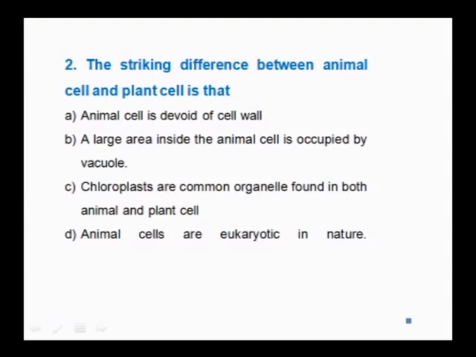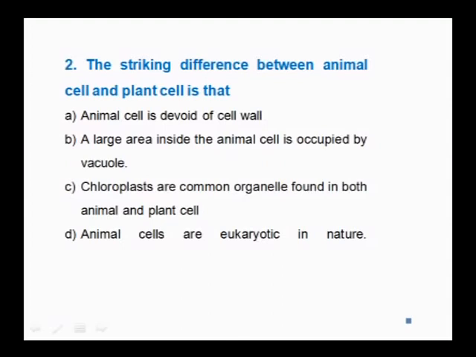So, the answer is A, that is, animal cell is devoid of cell wall. Remaining statements are actually wrong because animal cells, as mentioned in option B, do not contain a large vacuole. It is the feature of plant cell. Option C says that chloroplast is present both in animal and plant cell, but chloroplasts are found only in plant cell.